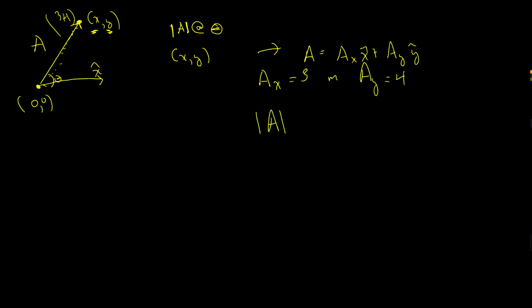And the absolute value, or the magnitude of A, would be the square root of 3 squared plus 4 squared. Right, sum the squares, take the square root, and that would give us 5 as the magnitude of this vector. And so this is what we're working with in the background, is vector things.